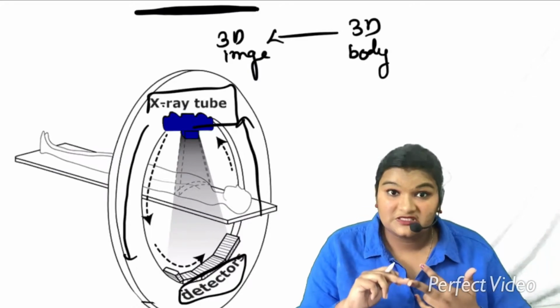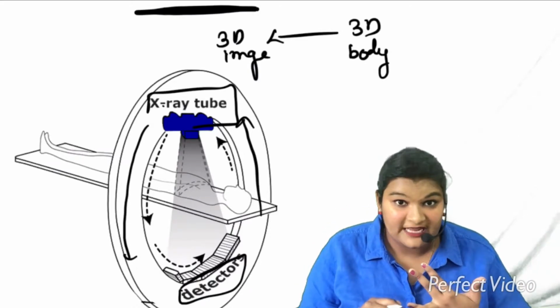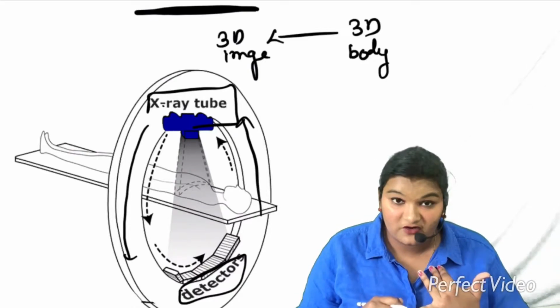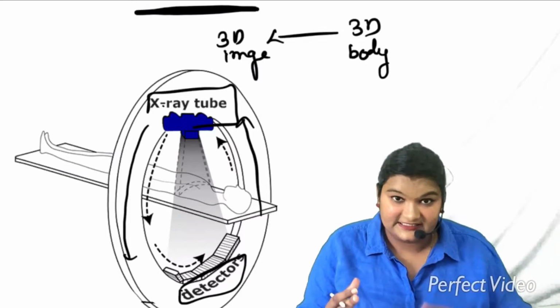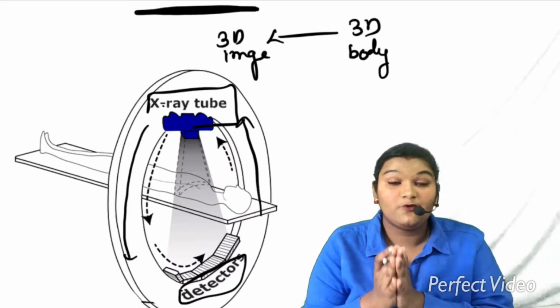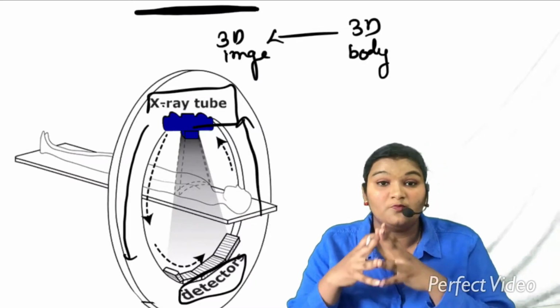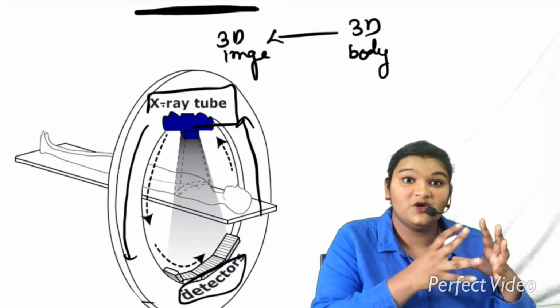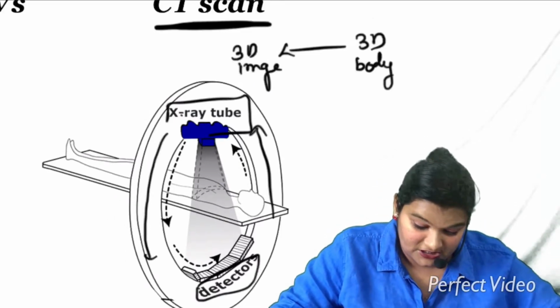We are able to see to what extent the anomaly has spread, which organ it has involved, the extent of involvement of the organ, and all these things are obtained through the CT scan. So this is the advantage of the CT scan over the X-ray. But the problem is that the CT scan exposes the patient to a lot more X-rays as compared to the radiogram or the conventional X-ray machine, right?